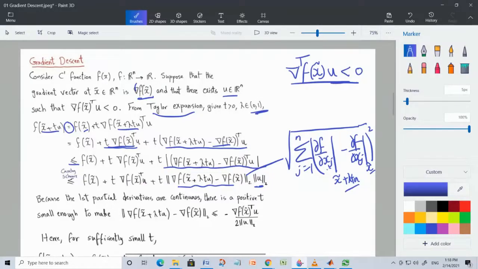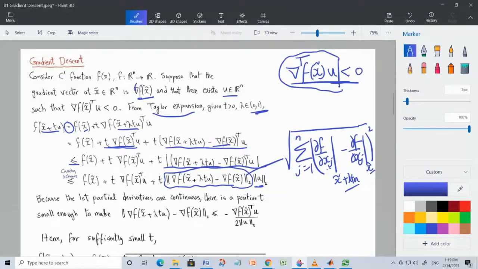So we can force this difference to be as small as we wish by choosing t small enough. Because the partial derivatives are continuous functions, we are able to make this L2 norm as small as we wish. So we can make it smaller than this quantity, which is our starting point, the inner product that is strictly negative.